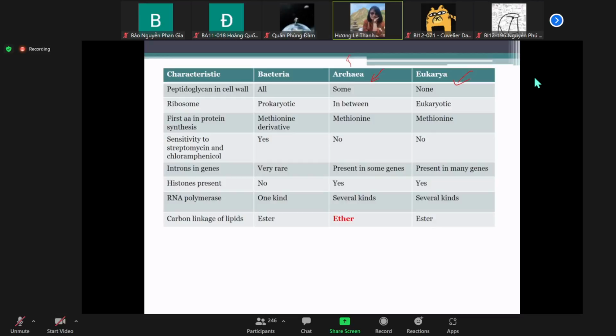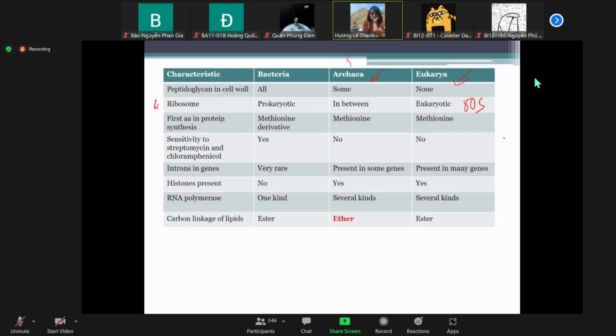The second characteristic is about the ribosomes. The ribosome of the prokaryotic cell is 70S, composed of two subunits, 50S and 30S, right? And eukaryotes have the 80S ribosome, equal to 40S plus 60S.